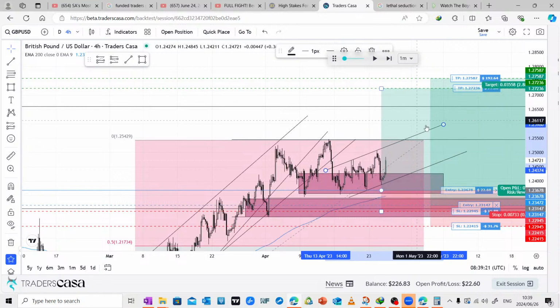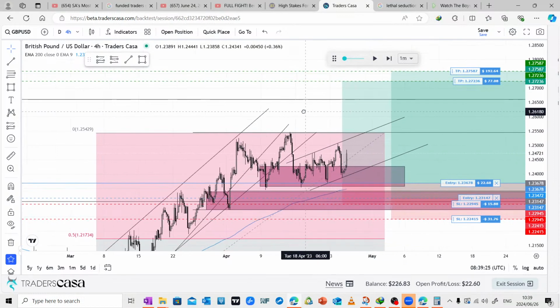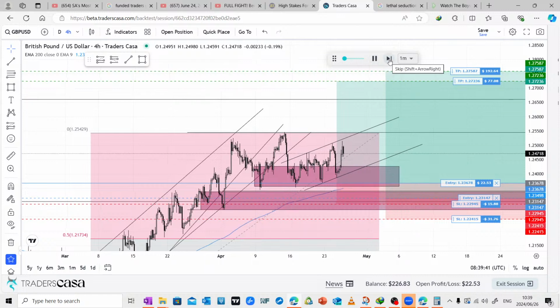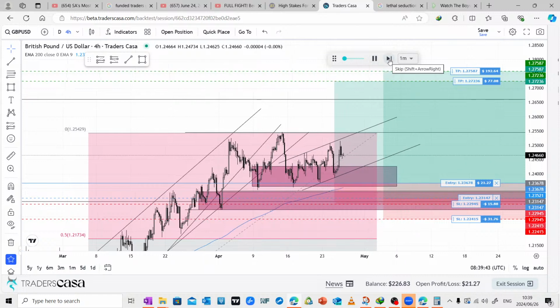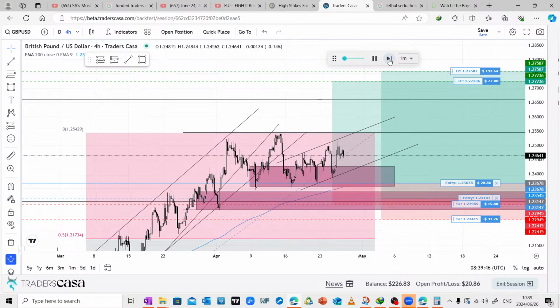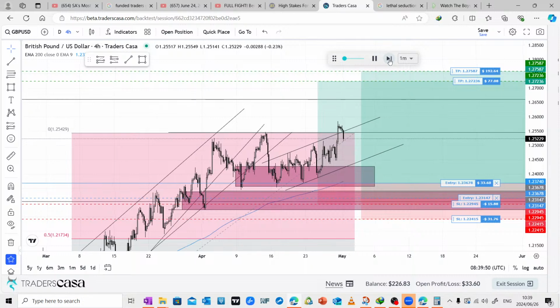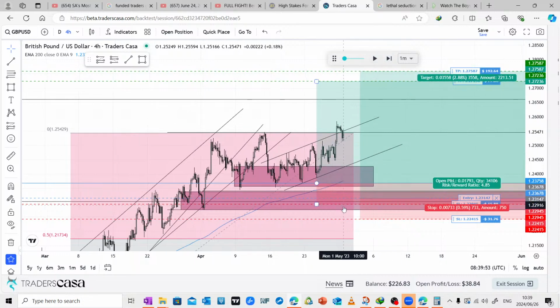So if we break above this, we're in the buy side, and coming back to this, we could continue to go to the buy side. So I think let's take partials just above there. Since when we entered the trade, this was Friday, it's already Tuesday, we could have taken this partial there. Boom, taking partials, pause.